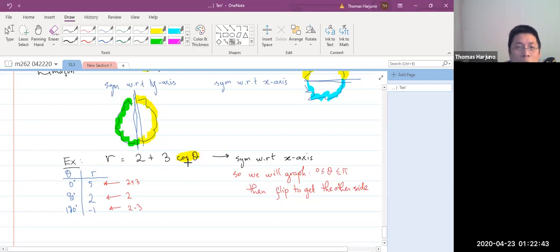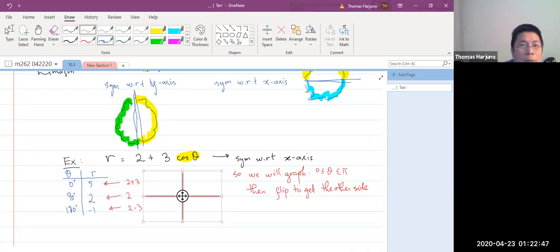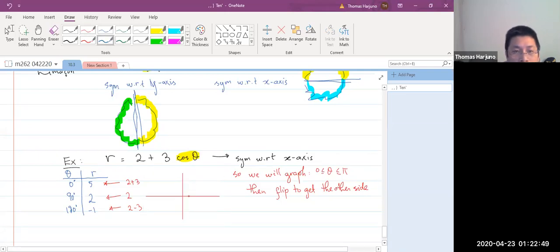Okay, so our rough sketch for now will be: at 0 degrees, I go 5 units out. At 90 degrees, I go 2 units up, and at 180 degrees, it will be -1.